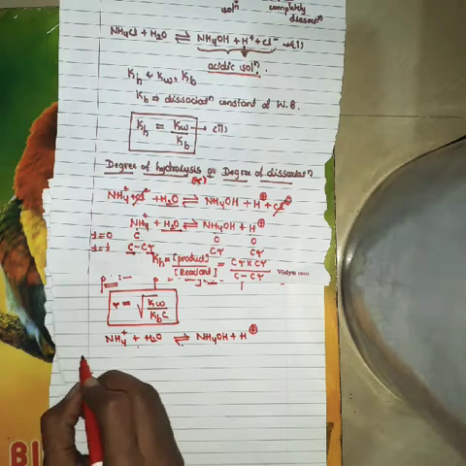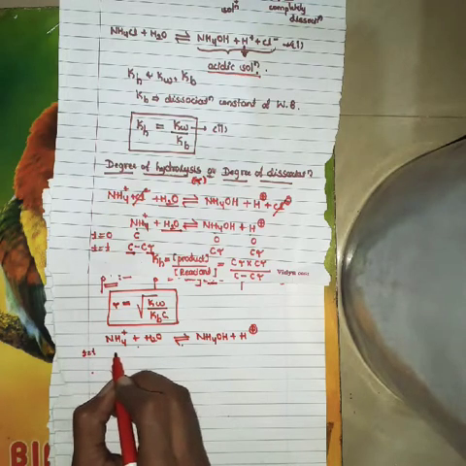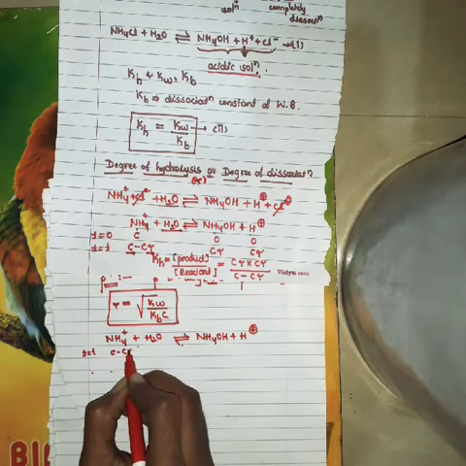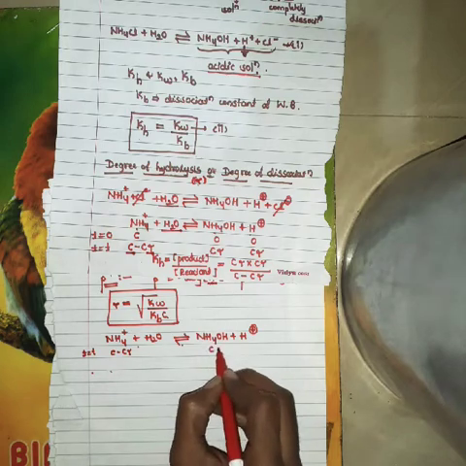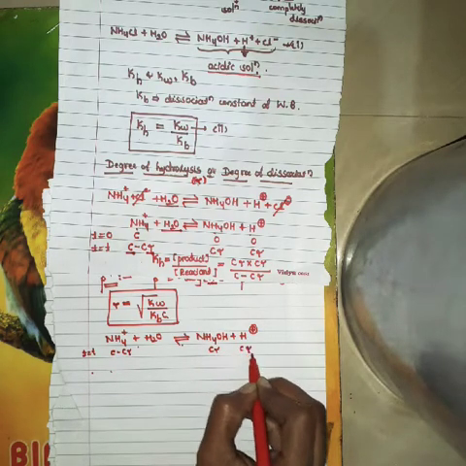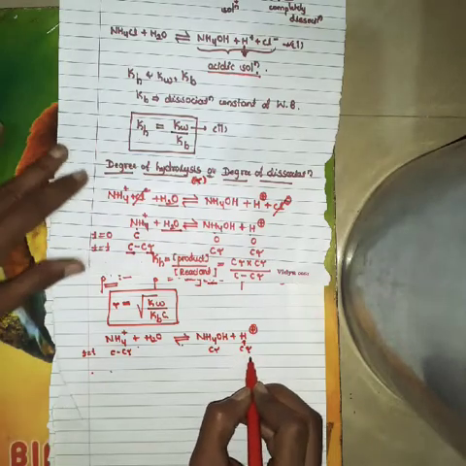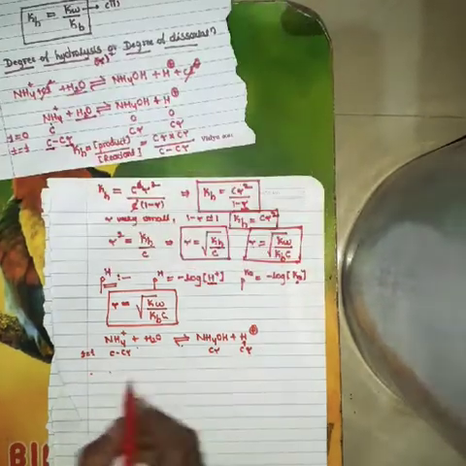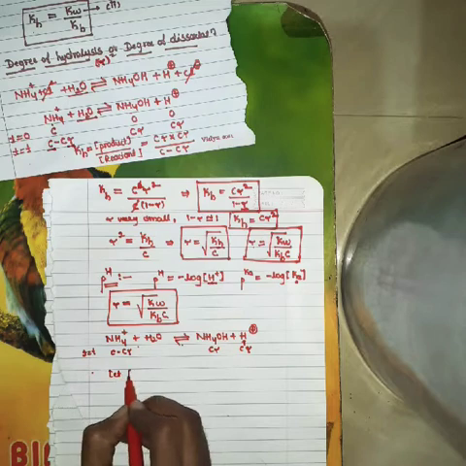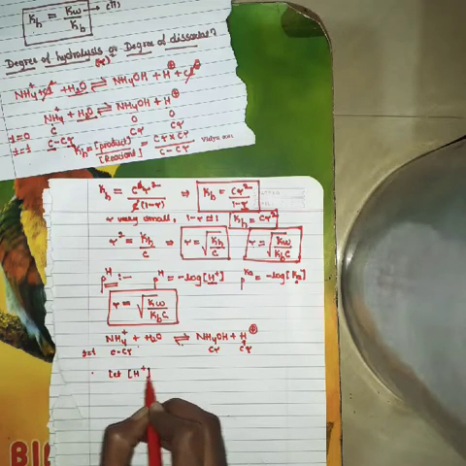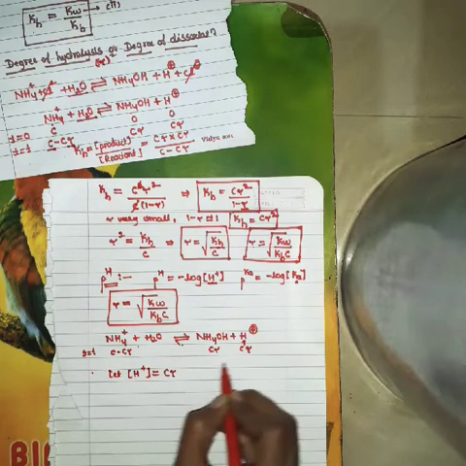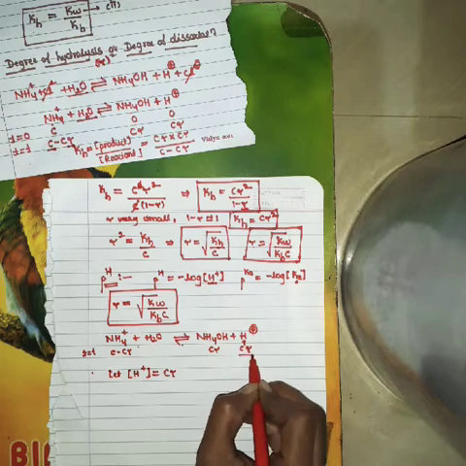You know the concentration at time t is C minus C alpha, and this is C alpha and C alpha. Here the concentration of H plus is C alpha. Let the concentration of H plus be equal to C alpha.